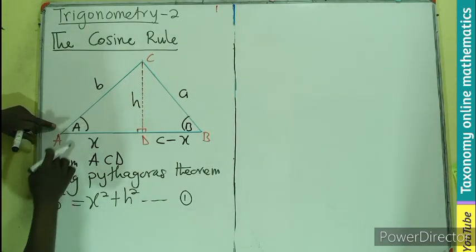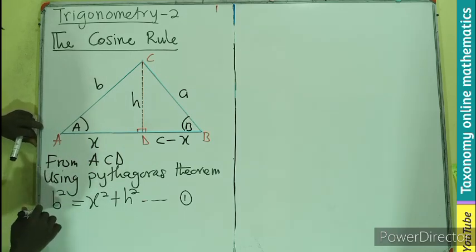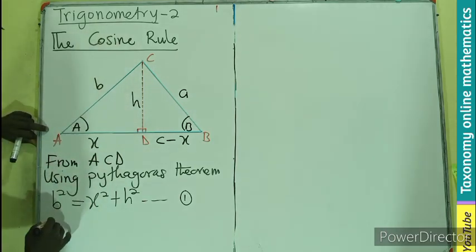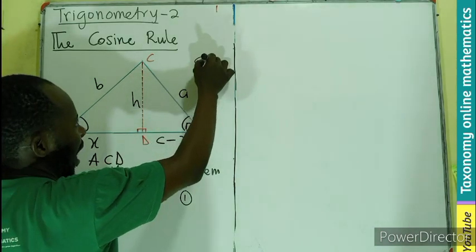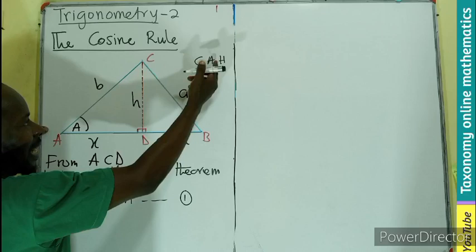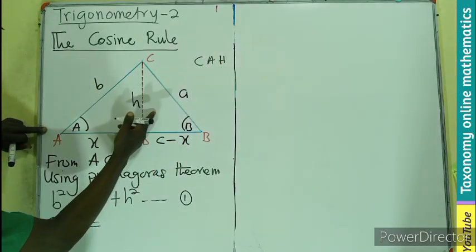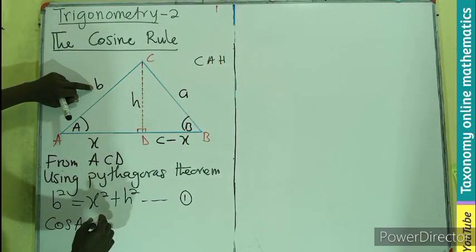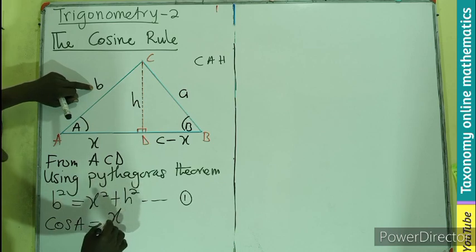Using the angle here as A, we are going to use cos. The cos of the angle A, we know cos is adjacent over hypotenuse, so x divided by b.